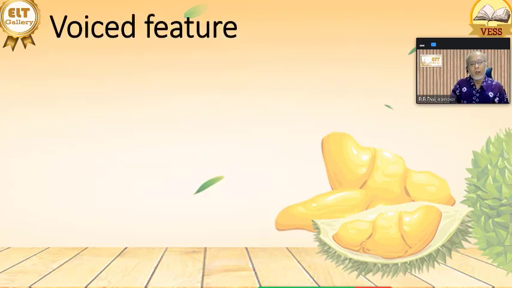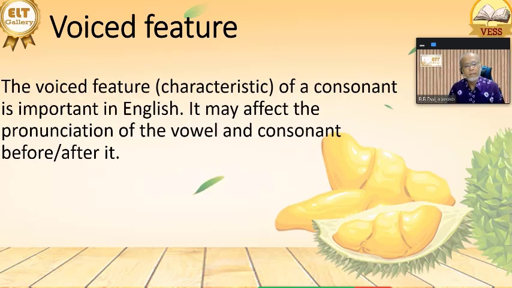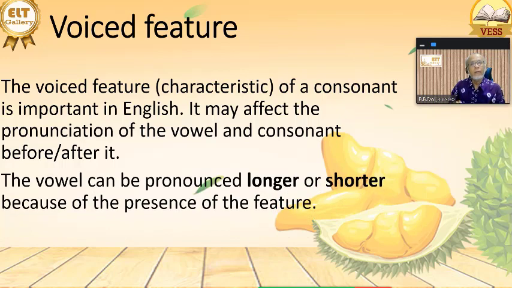First, let's talk about the voice feature. The voice feature, or characteristic, of a consonant is important in English. It may affect the pronunciation of the vowel and consonant before and after it. The vowel can be pronounced longer or shorter because of the presence of the feature.